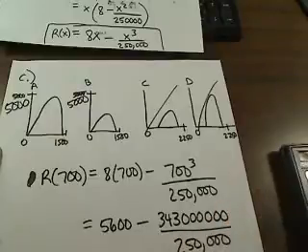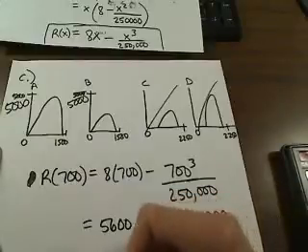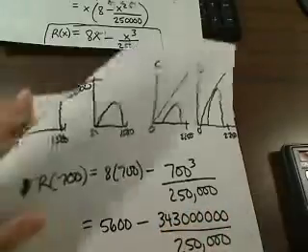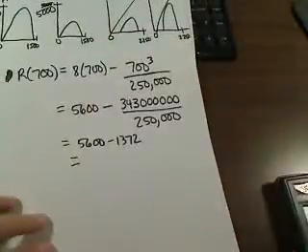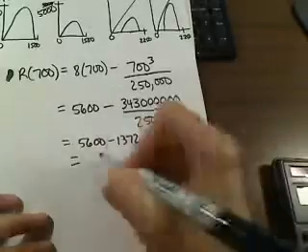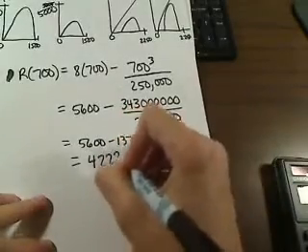I'm going to go ahead and divide. So I get basically 5,600 minus 1,372, and if you take a look at that, it's 4228.